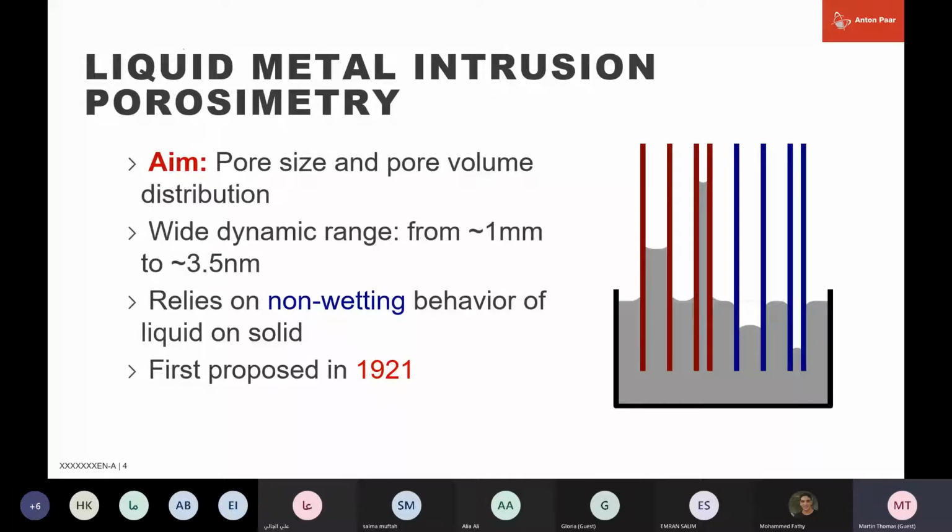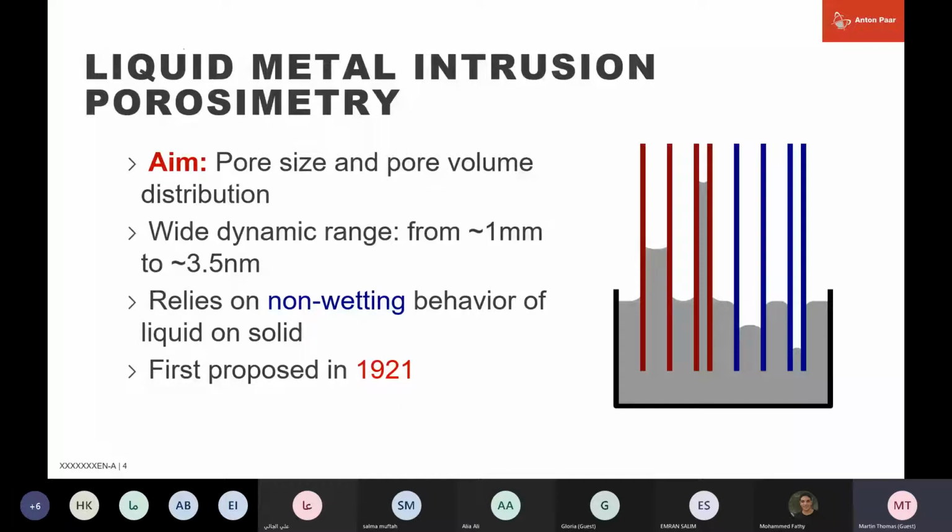So the smaller the pore, the more it dislikes being in that pore. And in order to move mercury into smaller and smaller pores, we have to apply higher and higher pressure. So as we'll see, mercury porosimetry is basically a pressure technique of forcing non-wetting liquid into the pores.